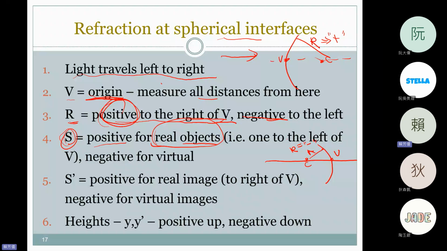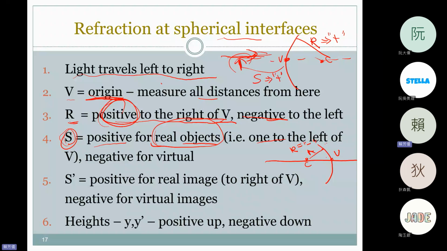So actually that should be to the left of the V, because the light comes from the left side. If your object is here, then that should be real light from the left side to the V. So the distance here will be positive.